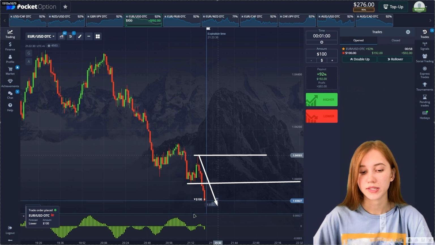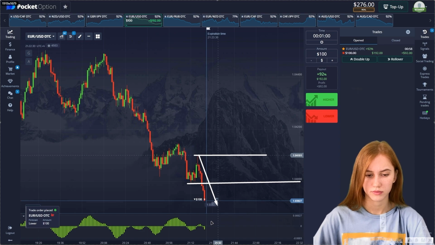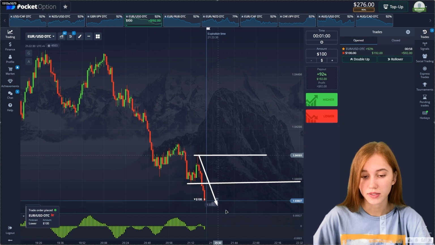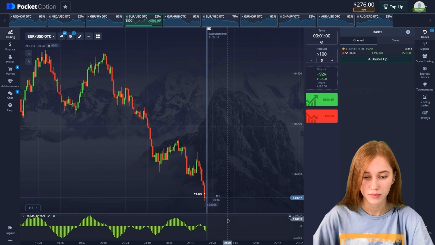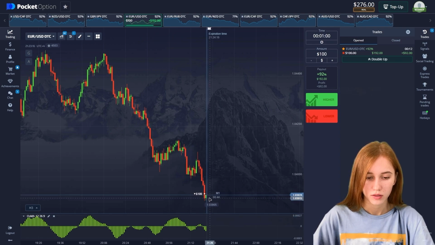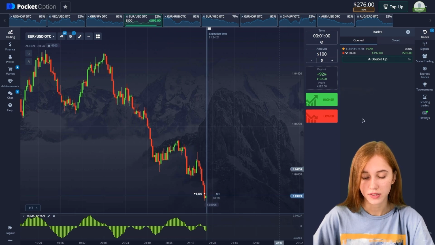According to the indicator, we see two good bars down have opened here. This is clearly a change in trend. At this moment, the market is falling. Let's see the situation, a small pullback. So 5 seconds left until the end of the deal.